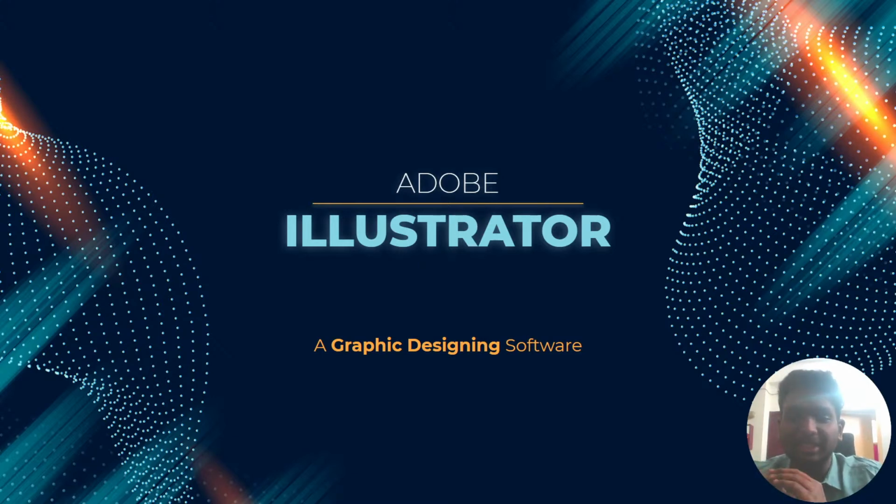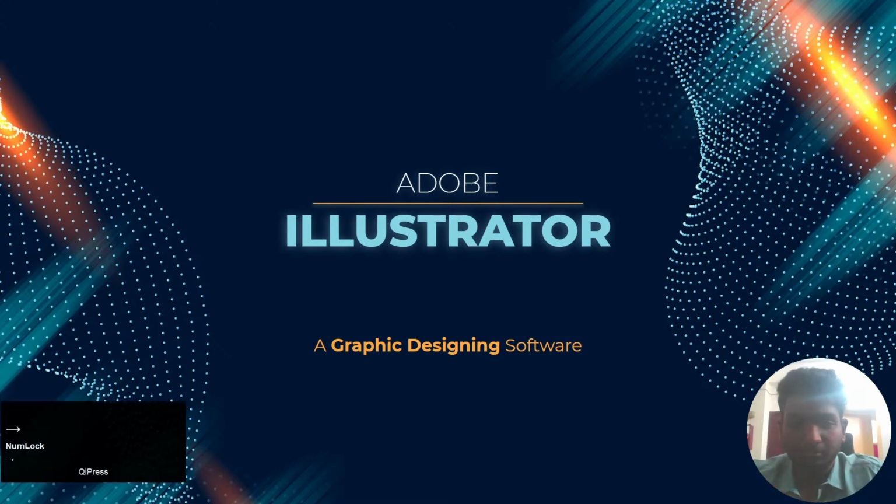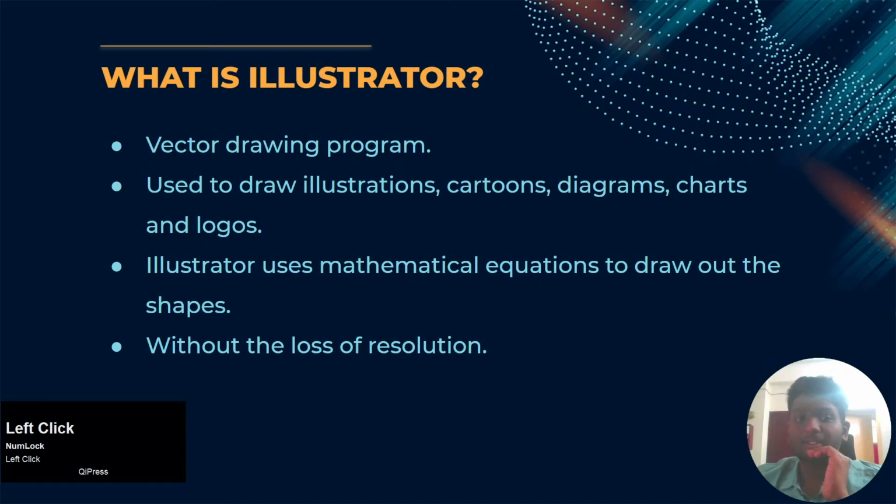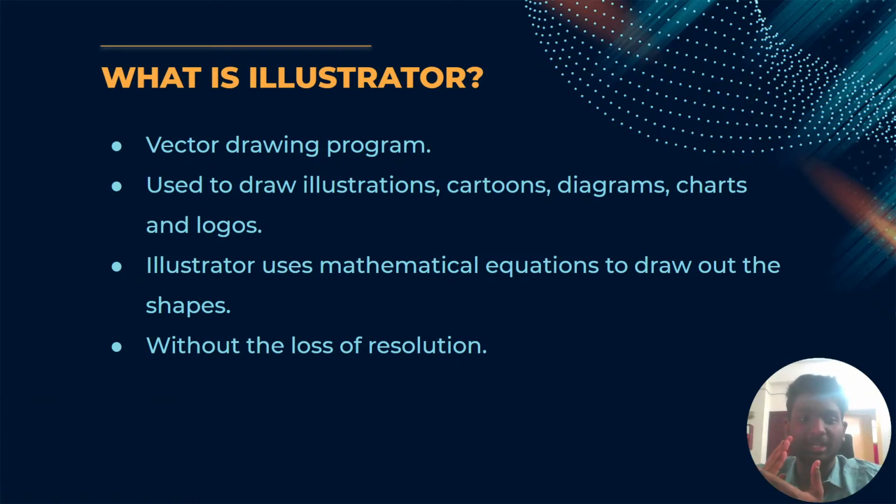So first of all, what is Adobe Illustrator? It is a graphic designing software. Illustrator is basically a vector drawing program. It is used to draw illustrations, cartoons, diagrams, charts and logos. These are its generic uses.